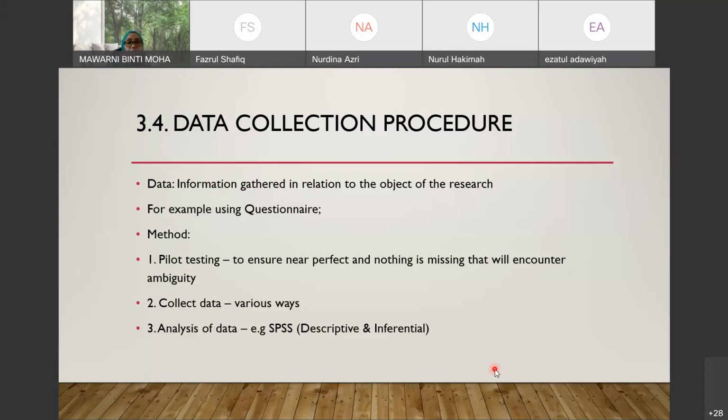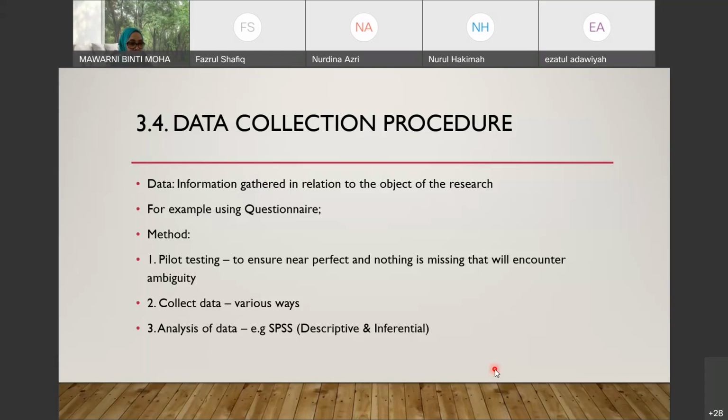I can talk about this chapter for hours if you want. So actually, there are a lot of ways on how you want to collect the data depending on your research. I told you just now, apart from questionnaires, you can do interviews. You can also do observation. You can do a kind of time diary collection.